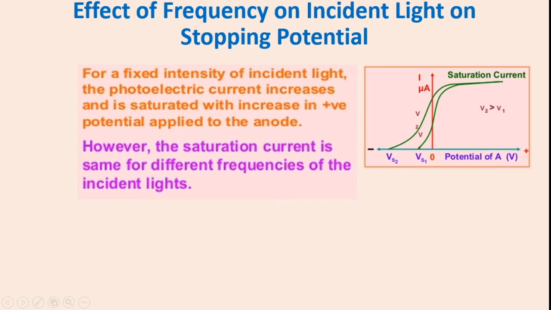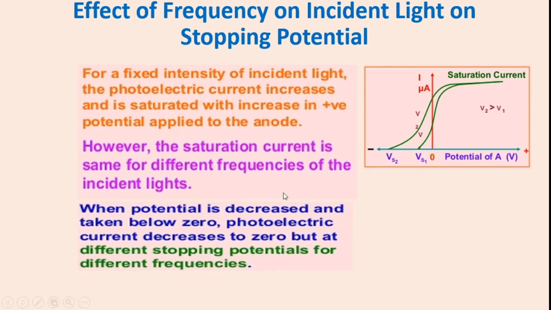Now, the saturation current is the same for different frequencies of the incident light. We may take the same saturation current for different frequencies. Current is the same, but here the frequency is different. So what happens when the potential is decreased and taken below zero?